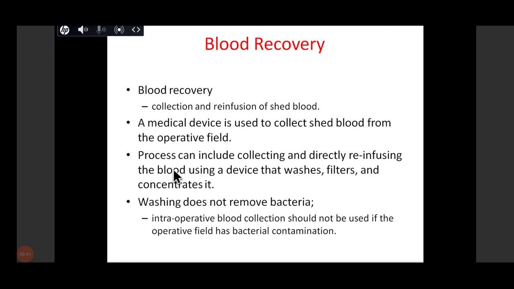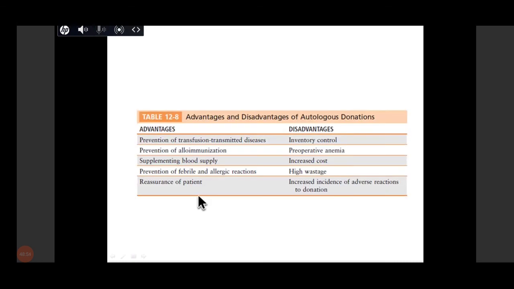The process involves collecting and directly reinfusing at the time of the operation. The downside of this is that it does not remove bacteria, and it's not useful if there is any bacterial contamination. So these are the advantages and disadvantages of autologous donation.